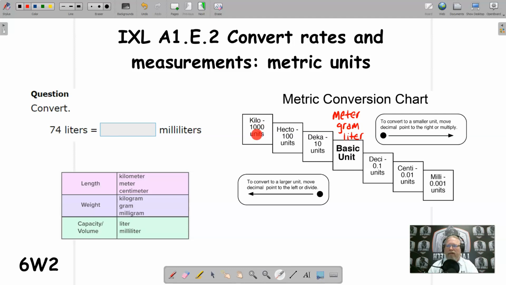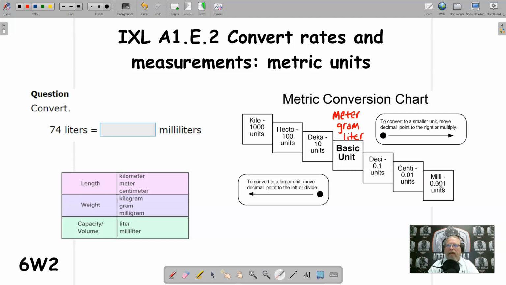So if you had 1,000 meters, then you could say that you had 1 kilometer. Or if you had 10 meters, then you would say that you have 1 decameter. So see how we're using the prefixes and then attaching them to the base units, or you might say the root words, and creating new words that represent a certain measurement.